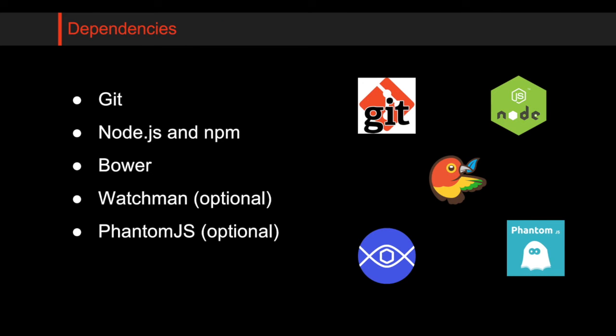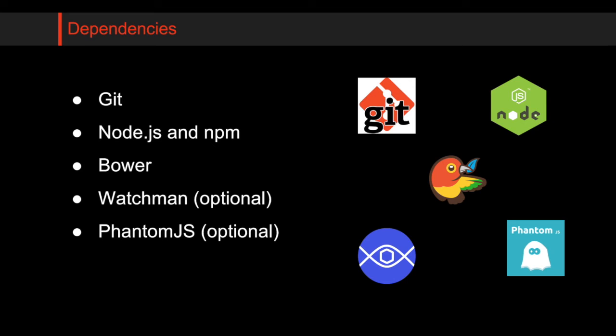Getting started. Ember, to be able to run, requires many dependencies. For example, the first ones are Git, Node.js, and npm.